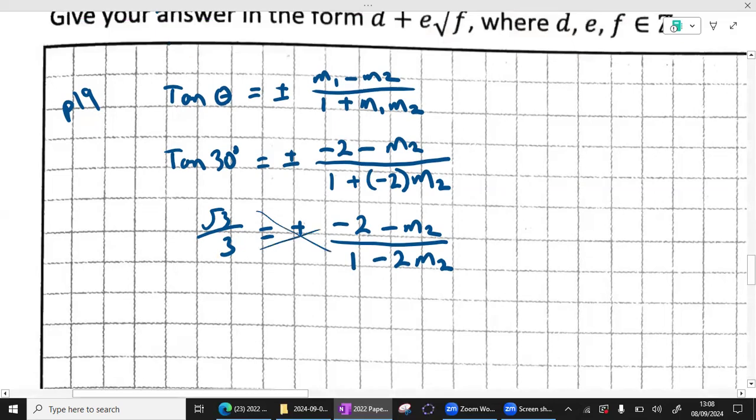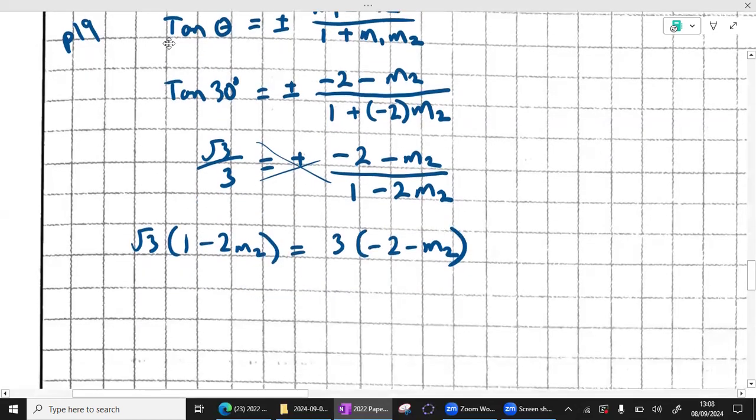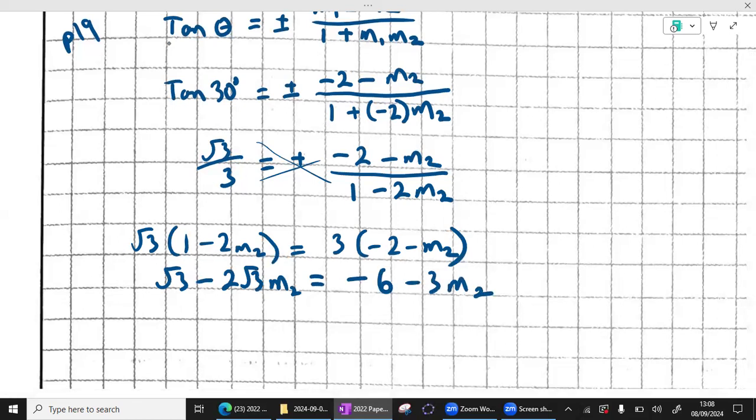So I'm going to cross multiply. I'm going to multiply root 3 by this, and I'm going to multiply 3 by this. So that gives me root 3 minus 2 root 3 m2 and minus 6 minus 3 m2.